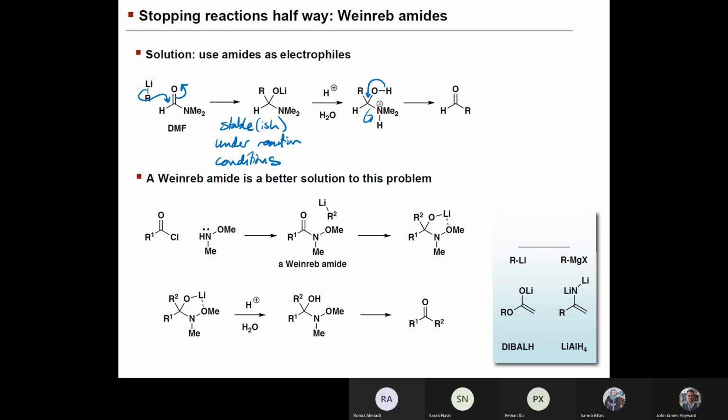However, this isn't perfect because the amide isn't the most stable electrophile. The aminal isn't the most stable intermediate. Okay, so a more stable intermediate would be better though.